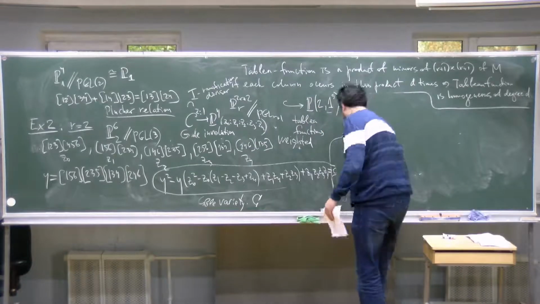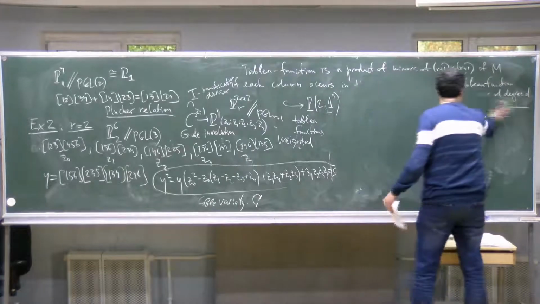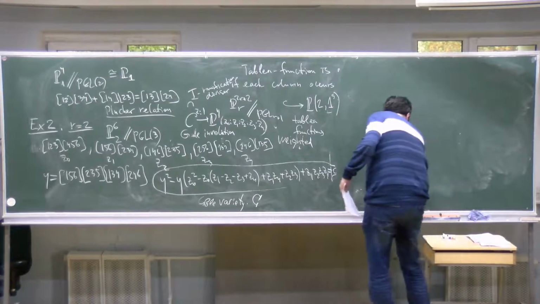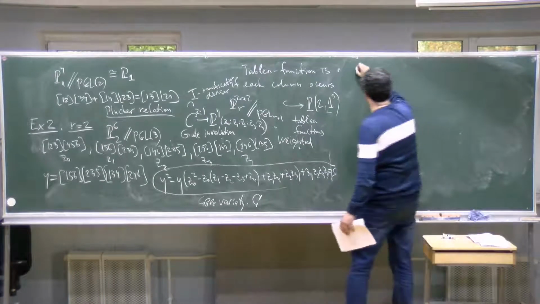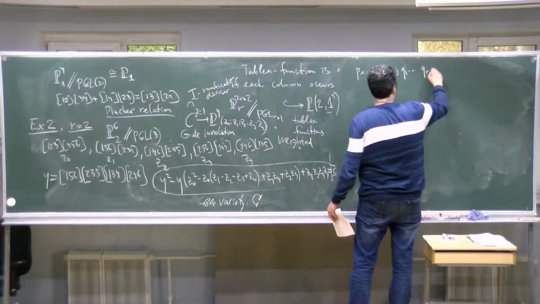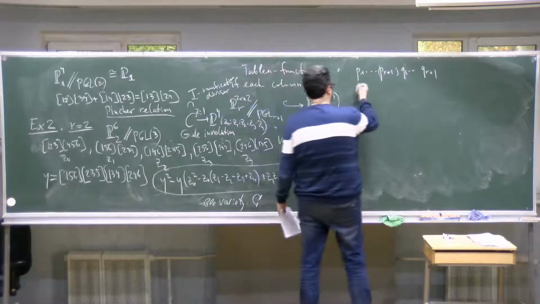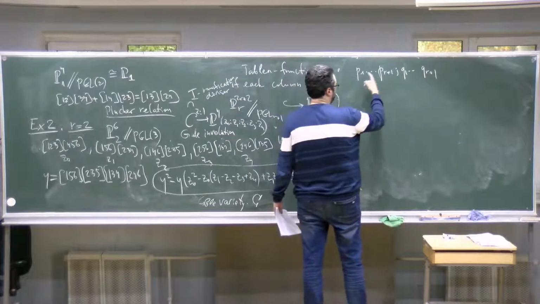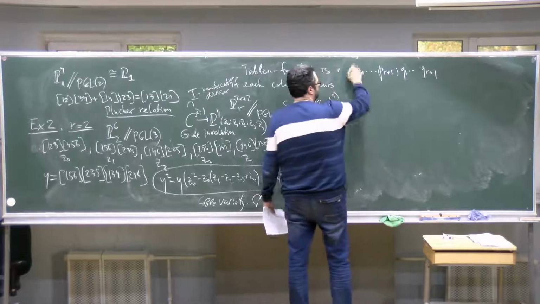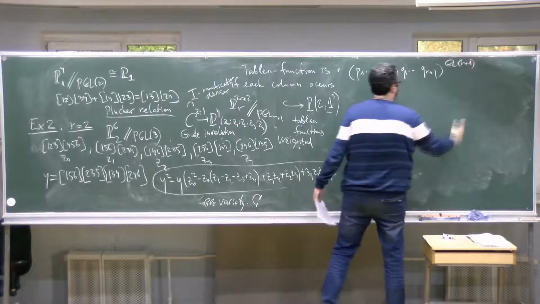If we have this data, one-dimensional orthogonal projectors, we would like to consider the ring of invariants of this variety under GL(R+1).